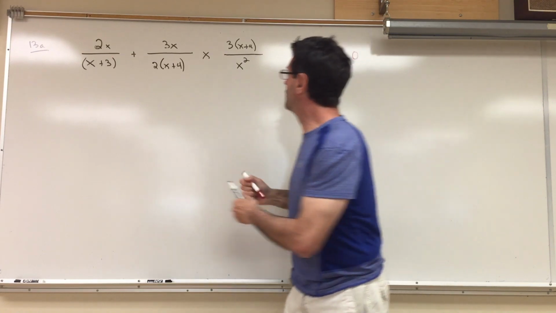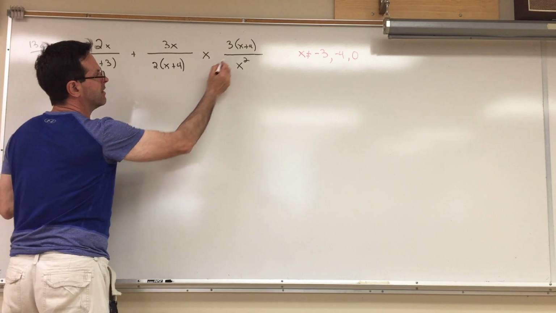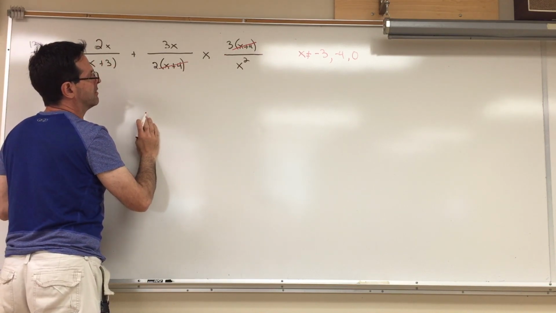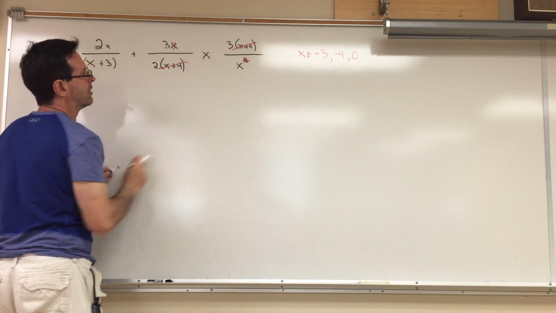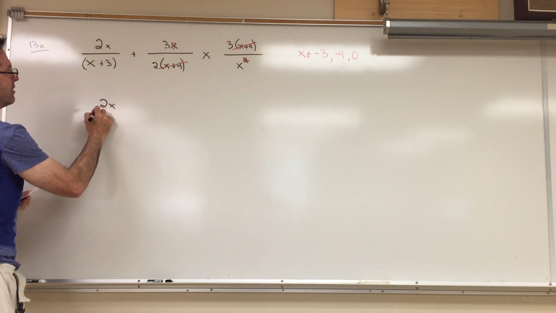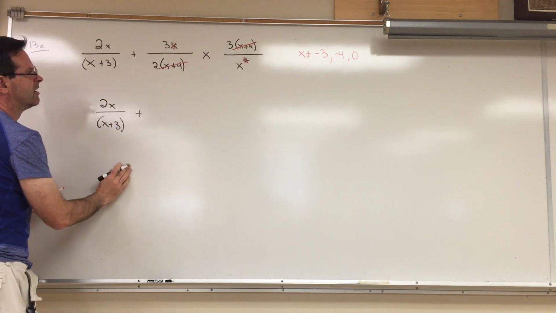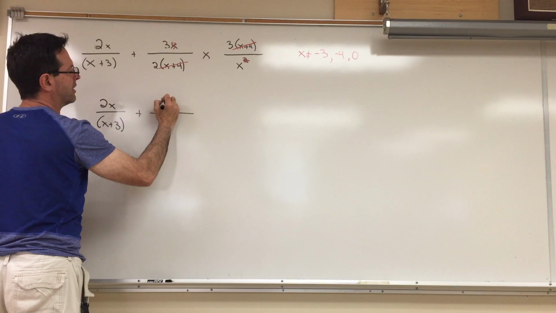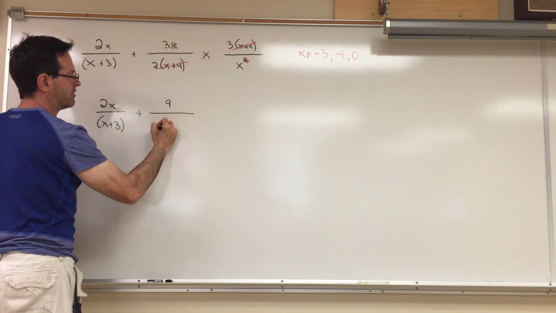Let's just look at these two right now. Anything common top and bottom? Yeah, I can take an x plus 4 out of the top and out of the bottom here. And I can take an x out of the top here and one of the x's out of the bottom here. All that leaves me with is 2x over x plus 3 plus, in the top, 3 times 3, that's 9, over 2 times x, that's 2x.